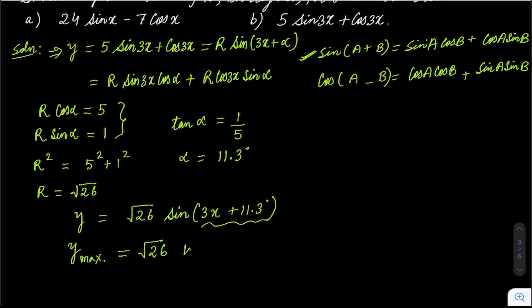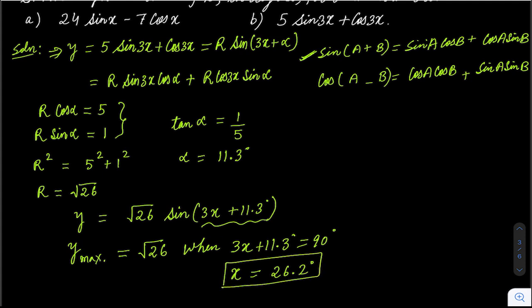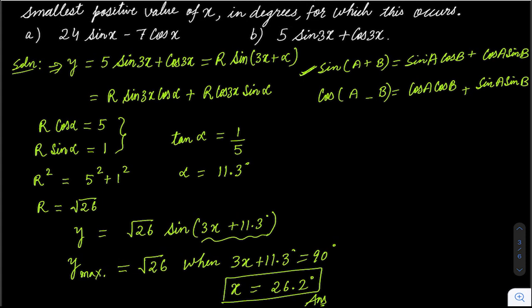So I will say when 3x plus 11.3 degrees is equal to 90 degrees, my x value comes out to be 26.2 degrees. That is my answer, the smallest positive value of x for which y is maximum.